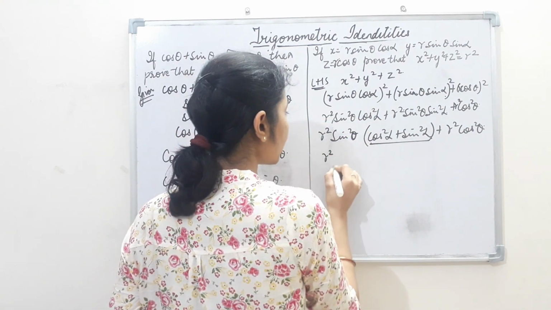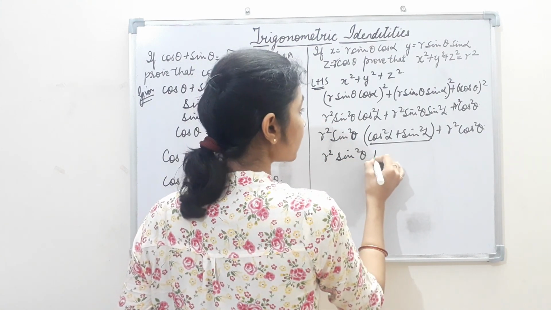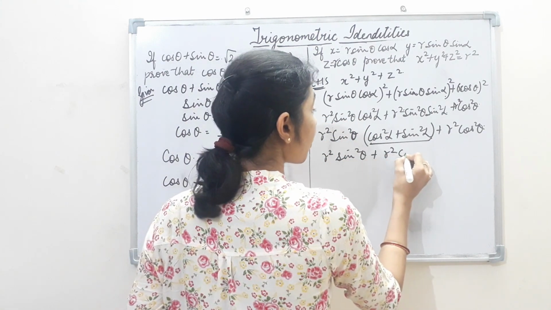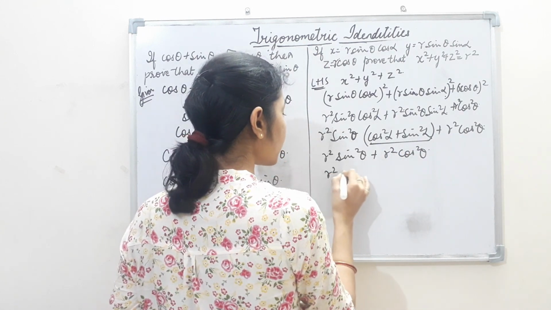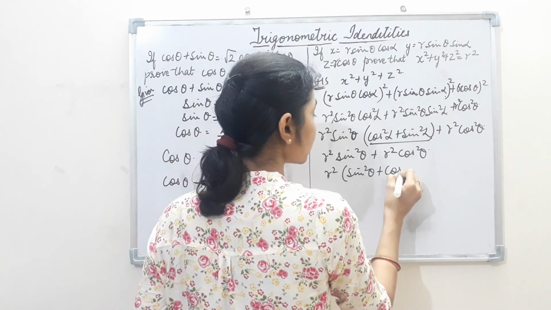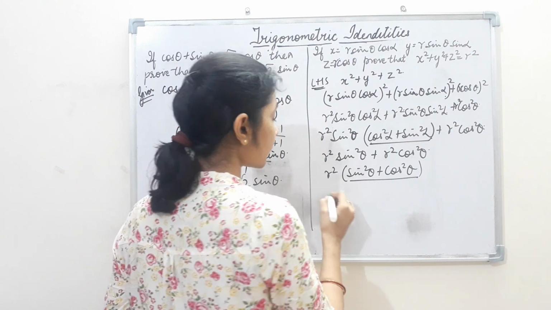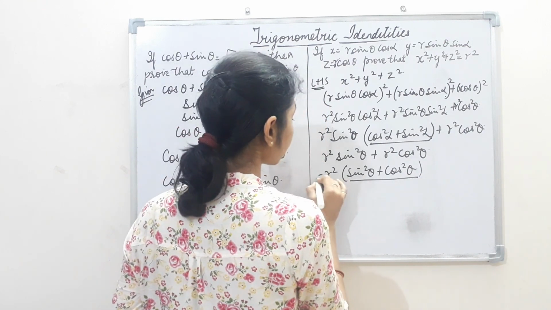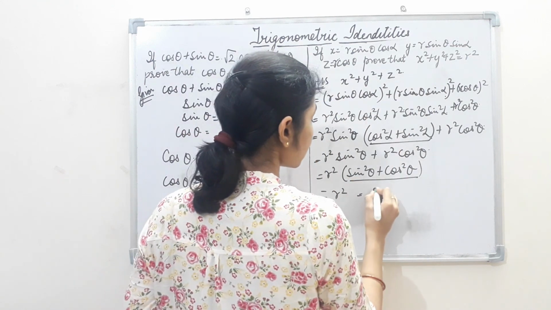So now we are left with r square sin square theta plus r square cos square theta. Now again r square is common here, taking r square common, what do we get? Sin square theta plus cos square theta. Again this sin square theta plus cos square theta changes into 1, so we are left with only r square. So that is equal to our RHS, and hence we have proved it.